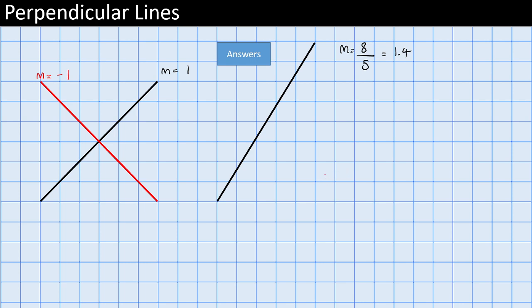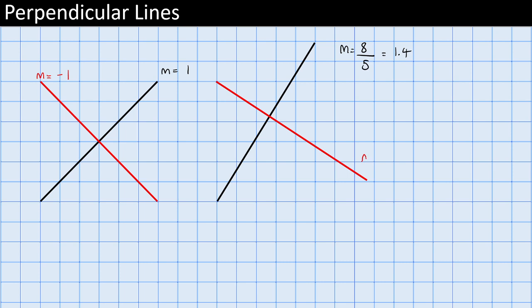I believe I mentioned in the part 1 video that perpendicular gradients are negative reciprocals. So what this would mean is that instead of 8 steps up and 5 steps across, they would have to swap over and become the negative version.